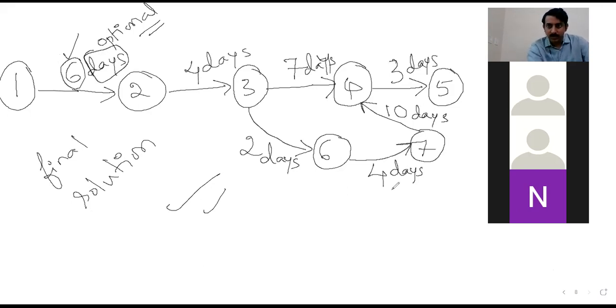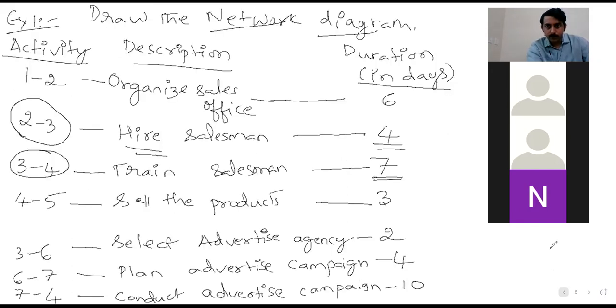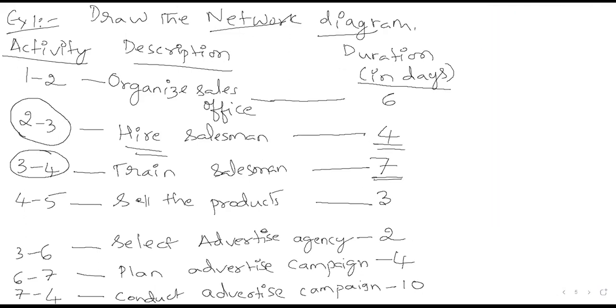So any other doubts? You need not make note of this. Whatever calculation I'm telling right now is just for our understanding, to see what the advantage of drawing the network diagram is.